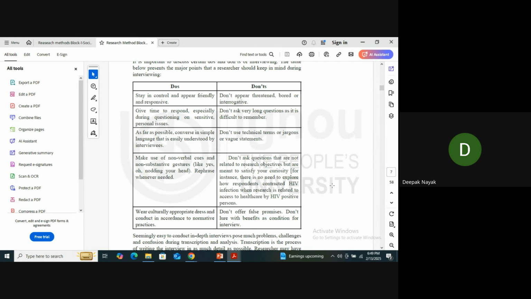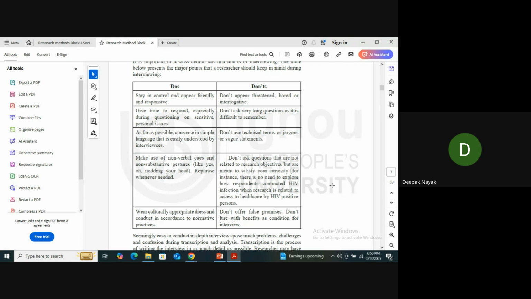You should always go up to the level of the informant or respondent to adopt a language. You should use simple language that can be understood by the respondent.